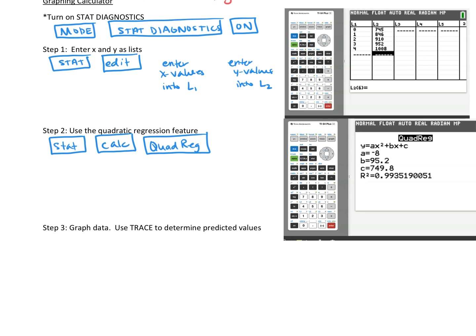All right, so that quadratic function I just said we could write, we would write it out as y equals -8x squared plus 95.2x plus 749.8. That is the best fit quadratic to our data that we had. Now let's talk about that R squared.